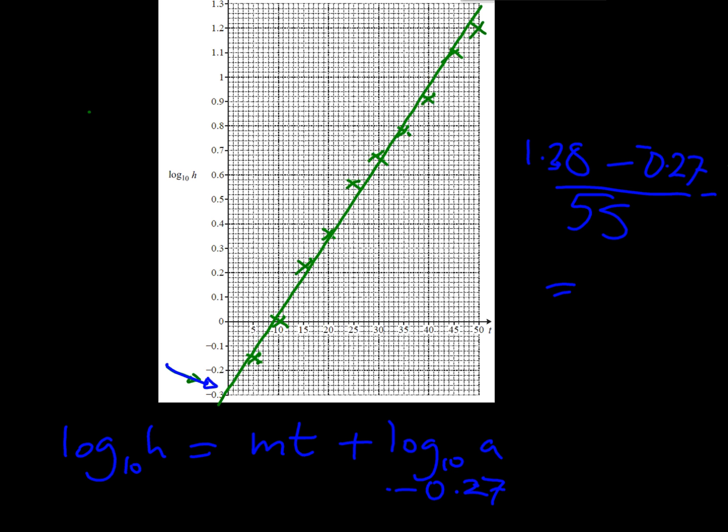In my terms, that's going to give us 0.033, so that should be at 50 there, because that's the number of years. Just writing that out in here, 0.033t, there we are.